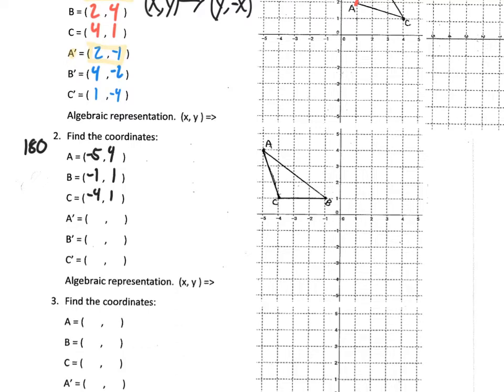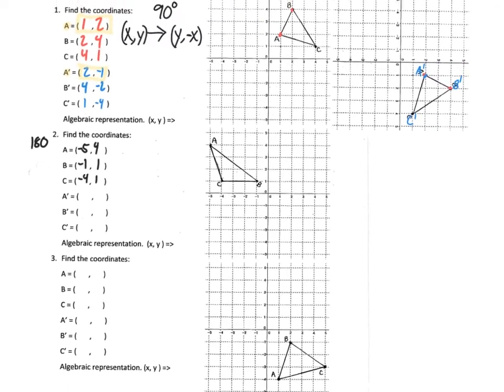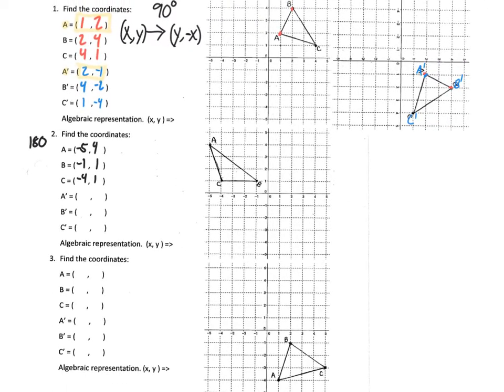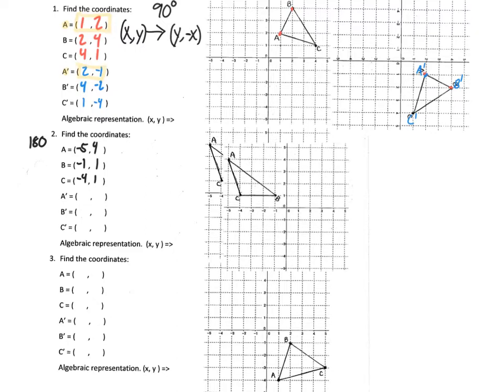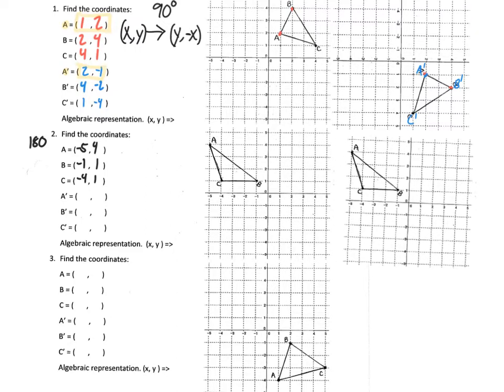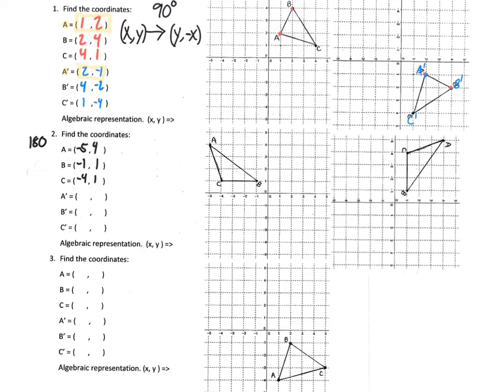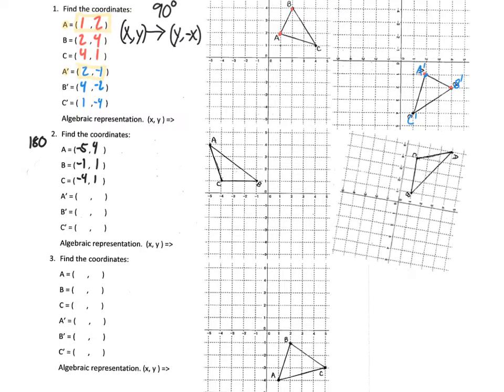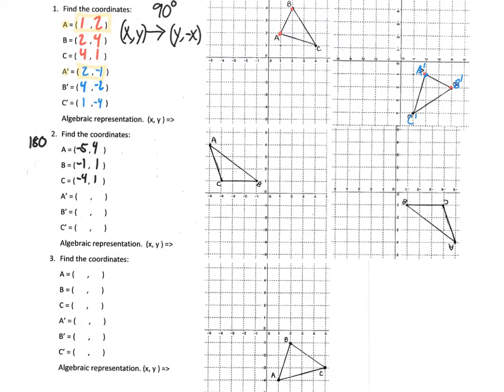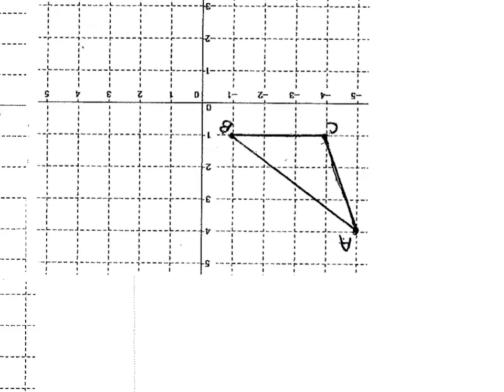So I'm going to do exactly what I did before. I'm going to take this image and flip it 180 degrees clockwise. So here's my image. I'm going to go 90 degrees first, and now I'm going to go another 90 degrees for my total of 180 degrees of rotation. Once I've done that, I can call my new points. Well, there's A, or what it was originally.